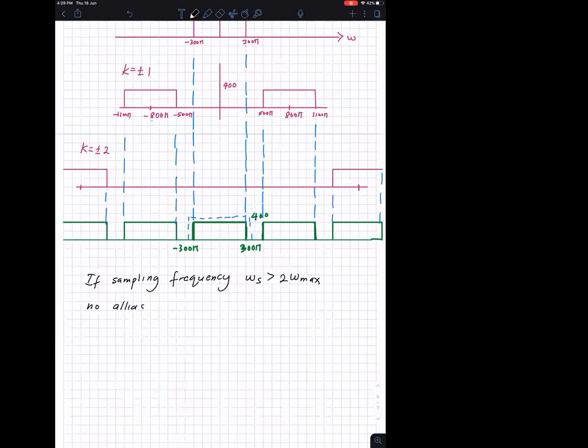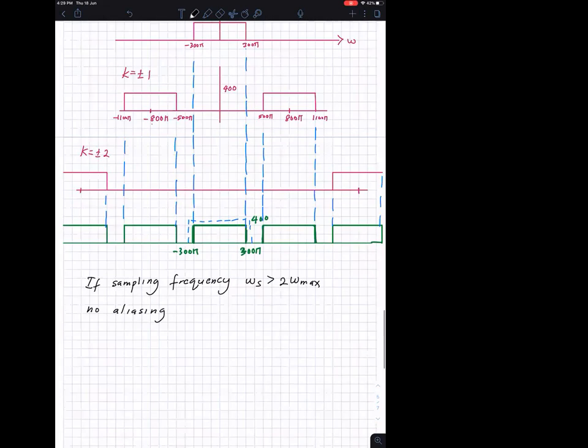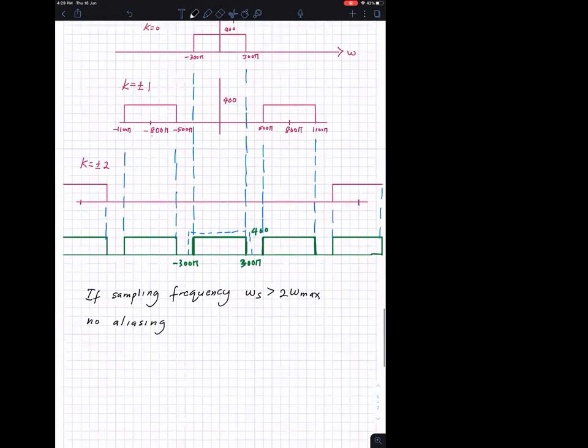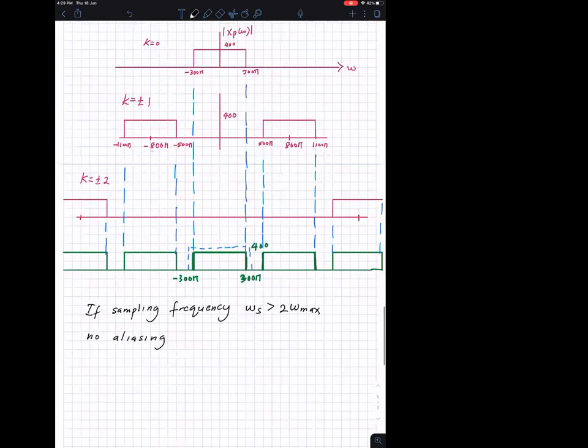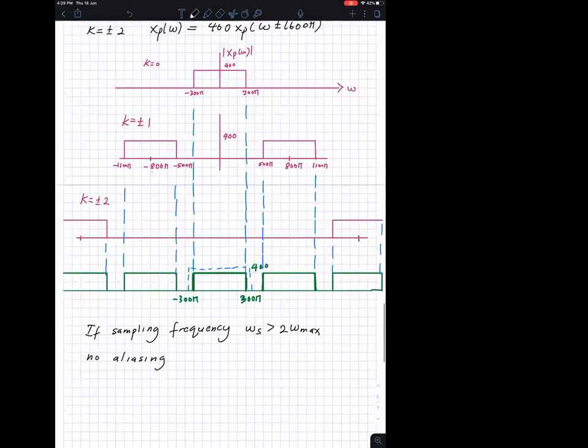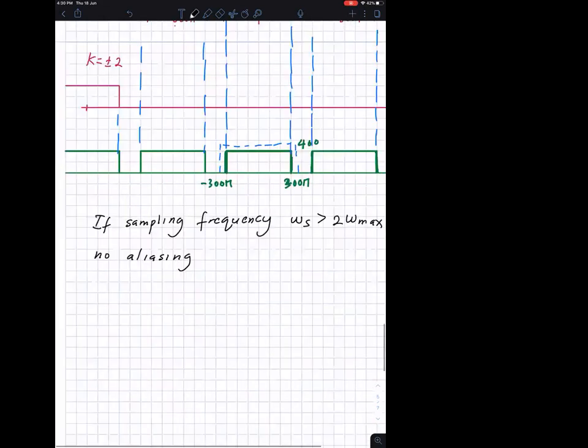I am not sure if I'm spelling this correctly. No aliasing. Aliasing means, this is what aliasing is. See right here, this is what aliasing is. Distorted. No aliasing, so if your sampling frequency is twice bigger than the signal frequency.